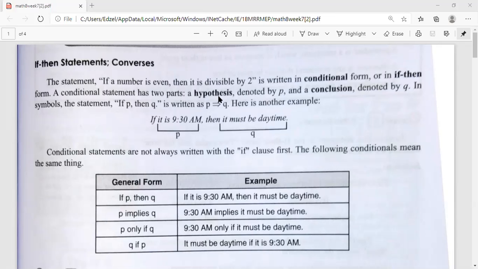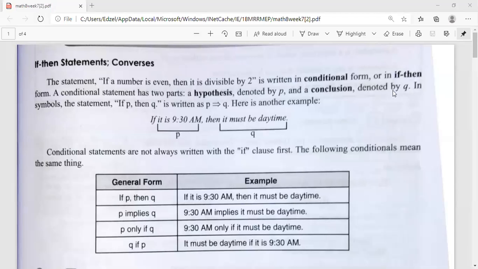It is the hypothesis, and in this subject we will denote that one as P. So, 2 parts of if-then: the hypothesis, which we denote as P, and then the conclusion, which we denote by Q. Both of them are italicized.